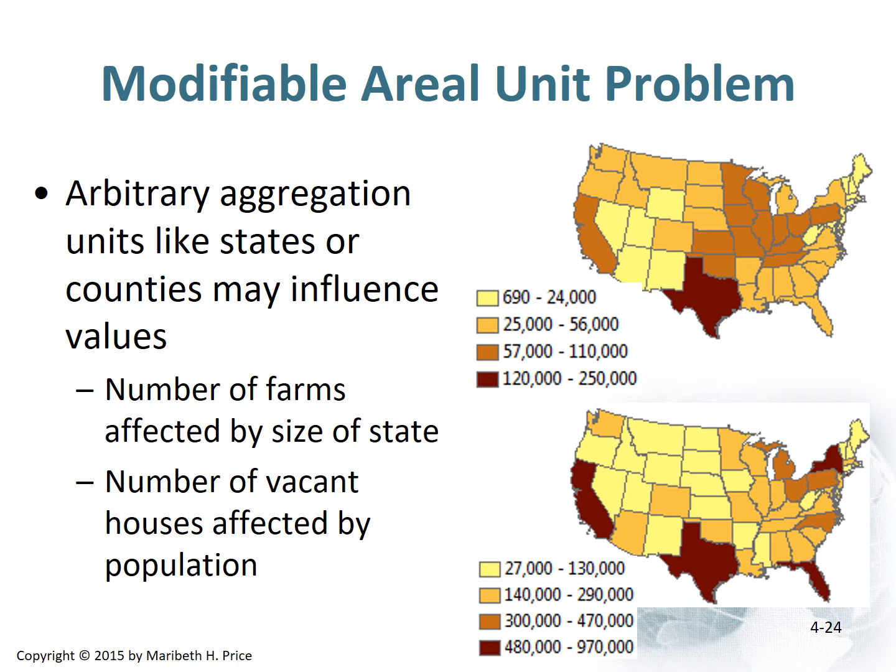But then we drop down to the counties, maybe only parts of the counties are. You see what I'm saying? The areal unit, the boundary we create, has an influence on how we interpret the output. And that's what MAUP is. It's this arbitrary effect of aggregation units.